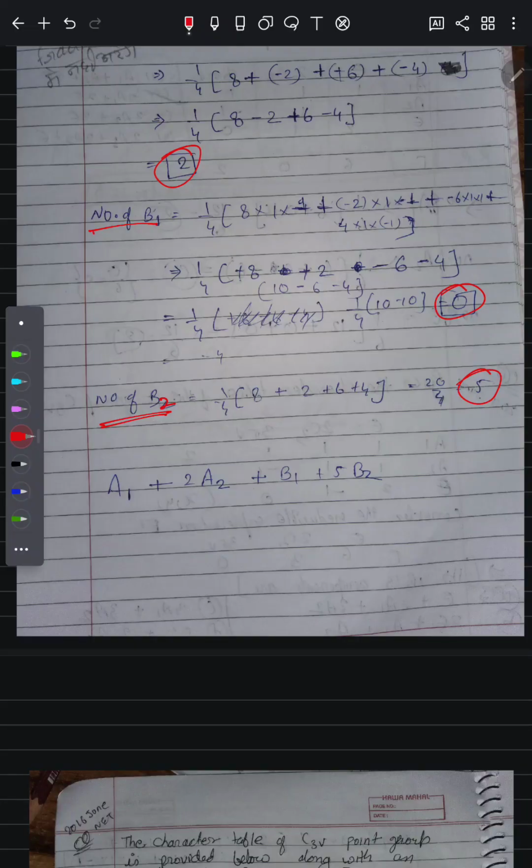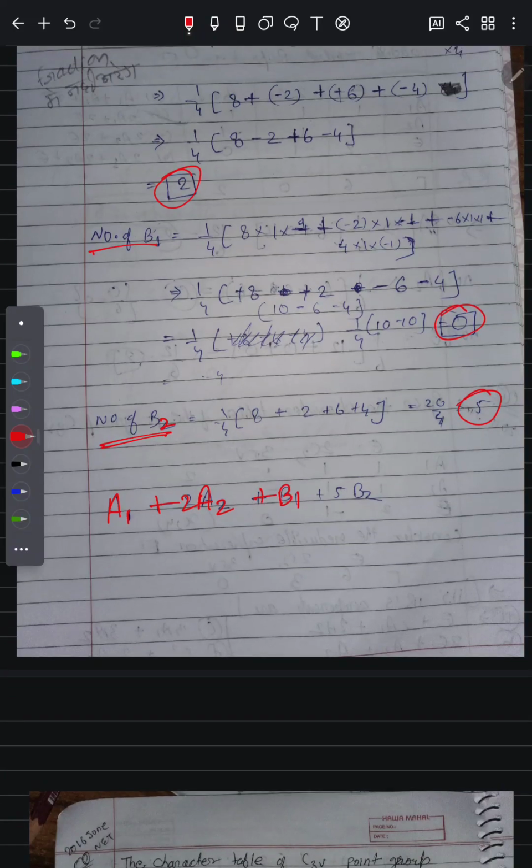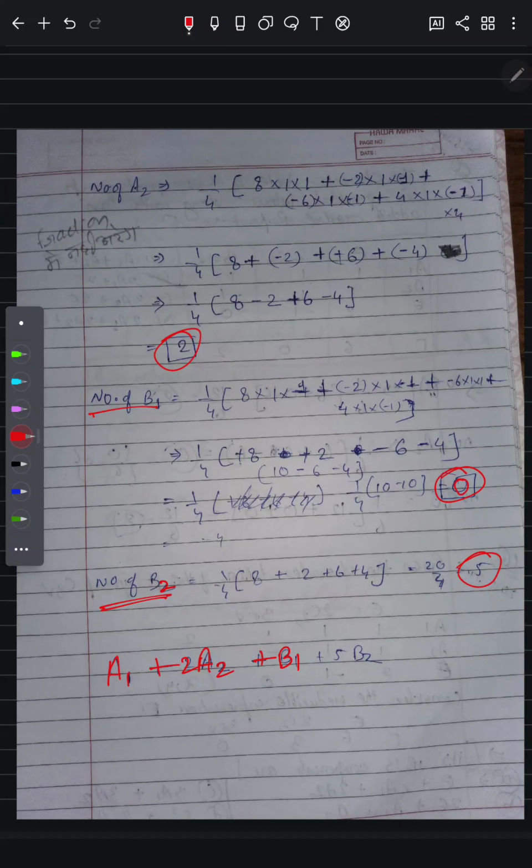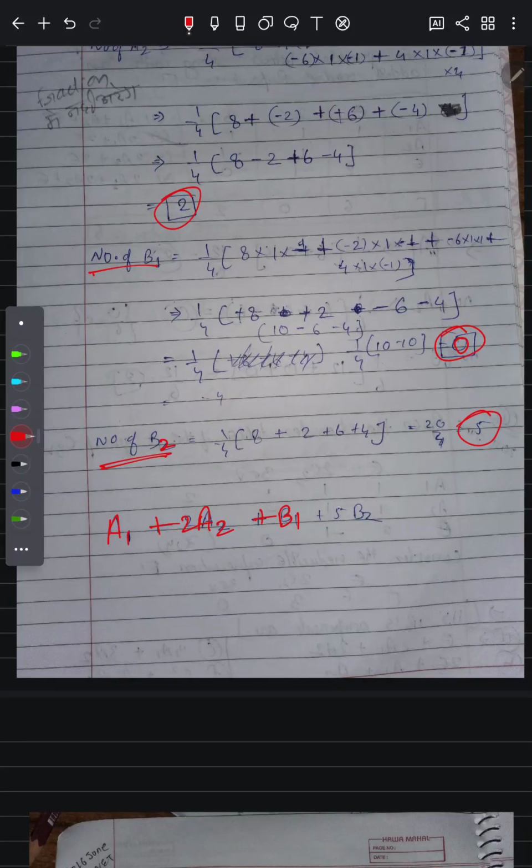So the total irreducible representation will be A1 plus 2A2 plus 5B2, with B1 absent since its value is 0.